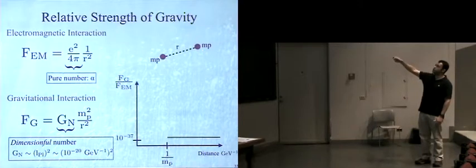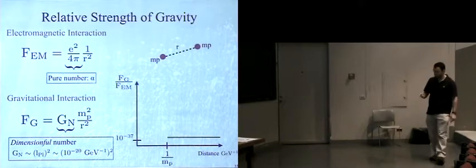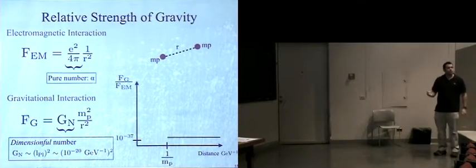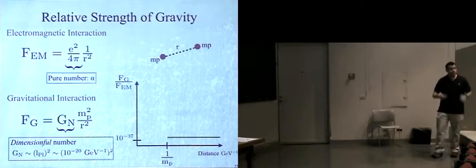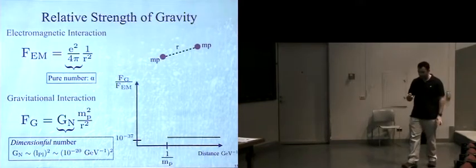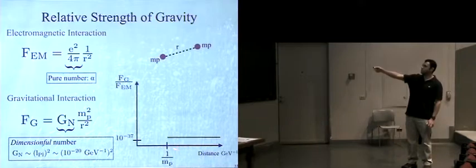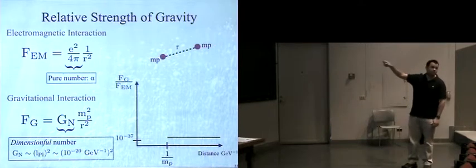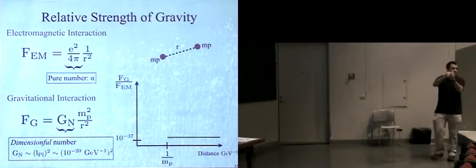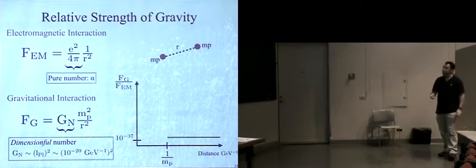And so the actual energy that we have to put into the system to keep them close together gets big at small distances. Now that energy, we know E equals mc squared, so that energy also feels the gravitational interaction. So once you get to distances smaller than 1 over the proton mass, the dominant form of energy is not in the mass of these particles, but in the amount of energy that you have to put in just to keep them close to one another.